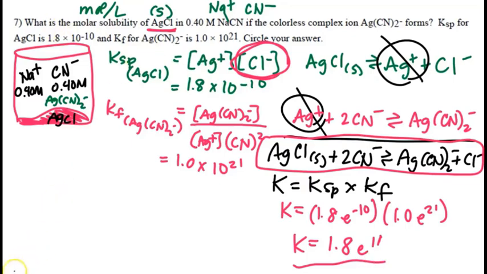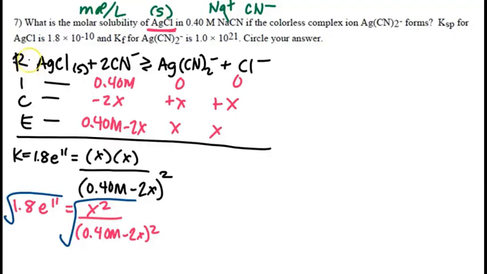So let's go ahead and do it. All right, so I'm going to go ahead and set up my ICE table with my new overall expression. AgCl solid plus 2CN- in equilibrium to form the complex ion plus Cl-. Again, our solids we don't have to deal with for our ICE table, so we're going to plug in the values that we had. We already know that our CN- is going to be 0.40 molar.